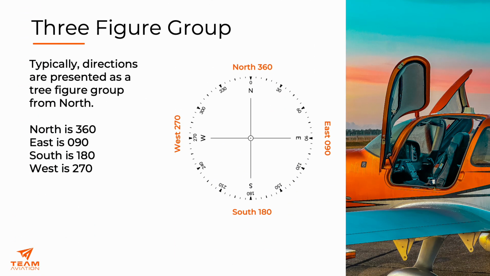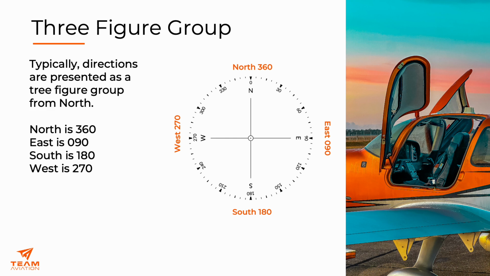Right, when communicating direction, we use precise numbers called a three-figure group. A three-figure group system ensures that all headings and directions are communicated clearly over the radio. Instead of just saying east, a pilot would say 090 degrees, so there's no misunderstanding. To communicate direction, we would use the following.